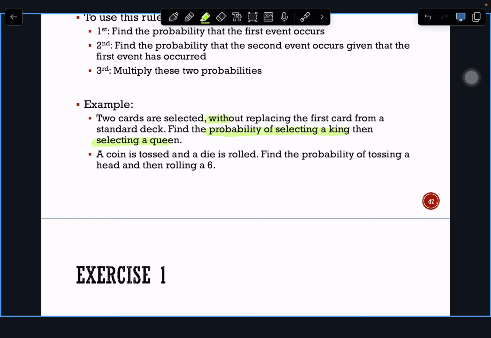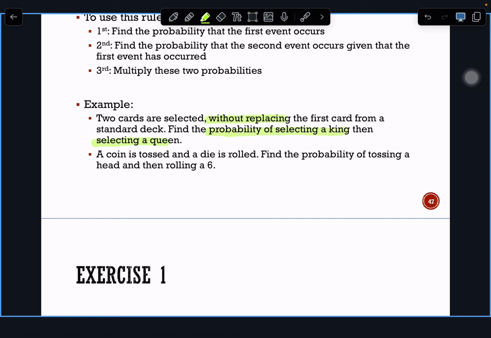And then we have without replacing. So if we take one card out, how many cards are left? 51. And how many queens do we have? 4. So first one is 4/52 multiplied by 4/51. Why 51?